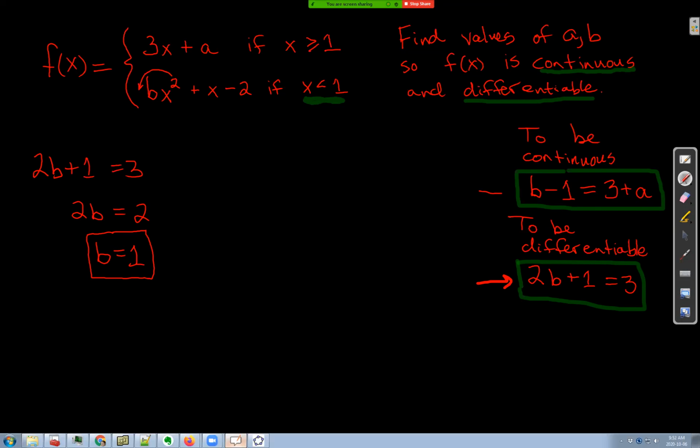In this one, I now know that b is equal to 1. So if I put b equal to 1 into that equation, I get 1 minus 1 is equal to 3 plus a. So that means 0 is equal to 3 plus a. And that means that a is negative 3.